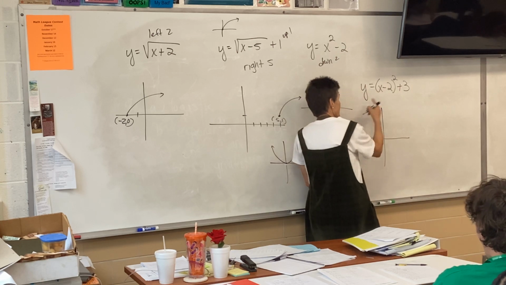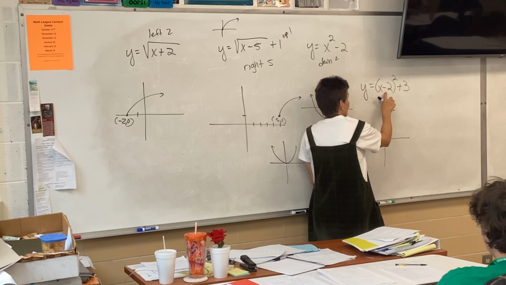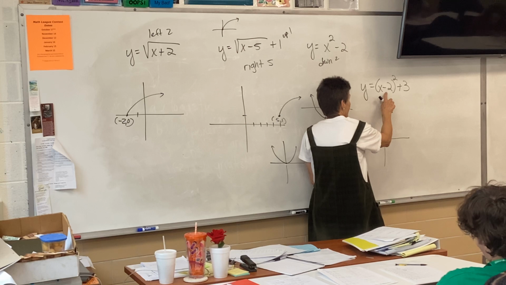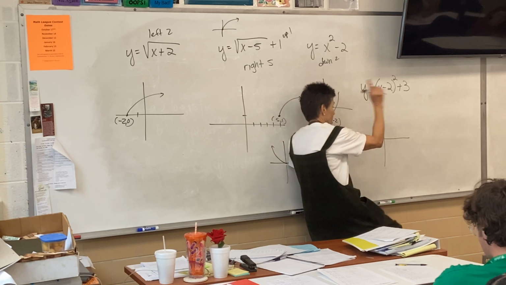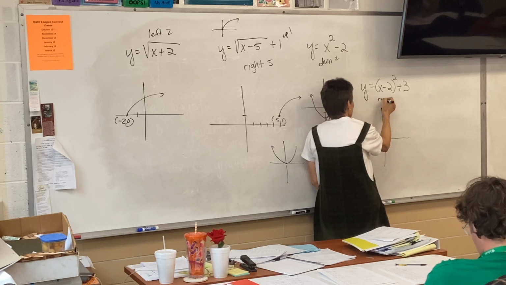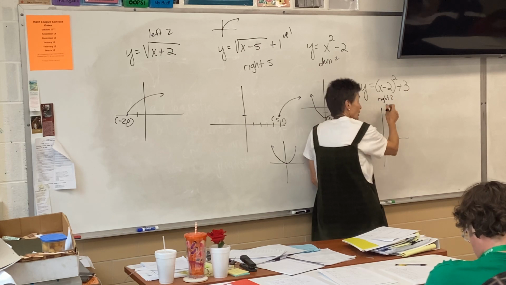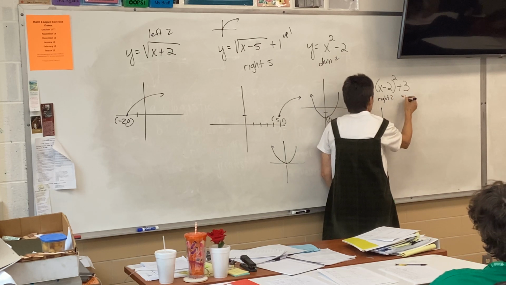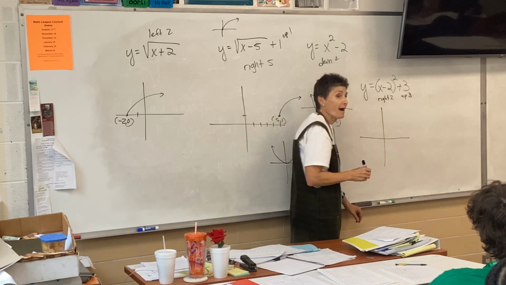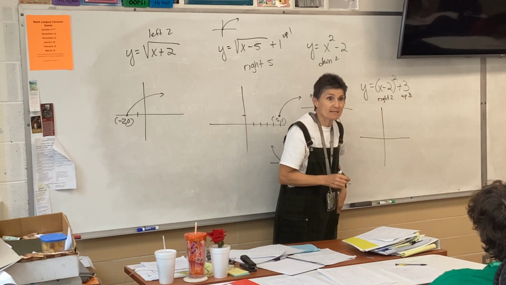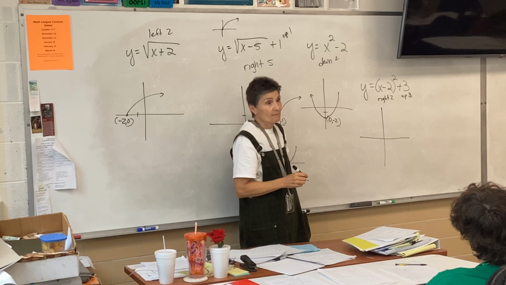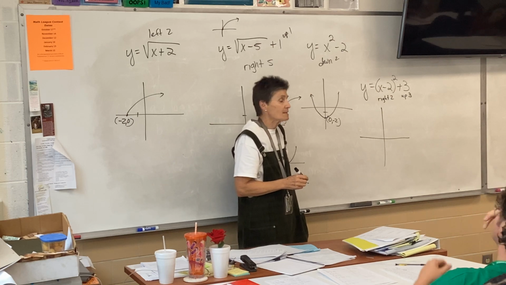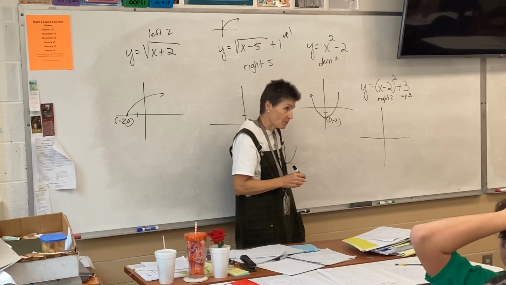Now what about this one? This one's got 2 things going on. What is this part gonna do? Right 2? And this is gonna go up 3. Remember, it's only opposite if it's inside parentheses. If it's inside parentheses or inside the problem, it's opposite of what you think.